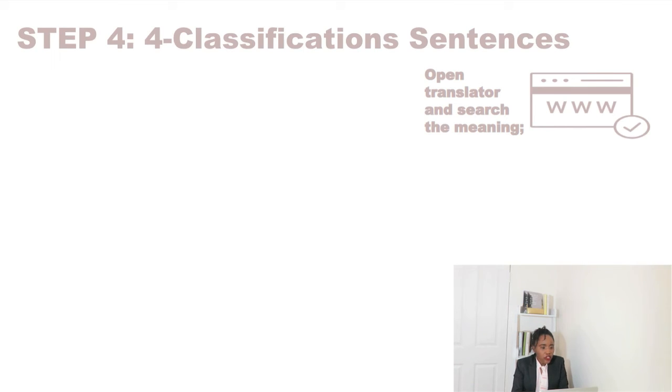Now I would like us to look at these classifications in sentences. And for this you can also open your translator to look up any words you do not understand. But I will need you to repeat after me. 1.